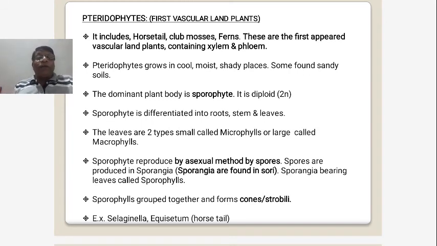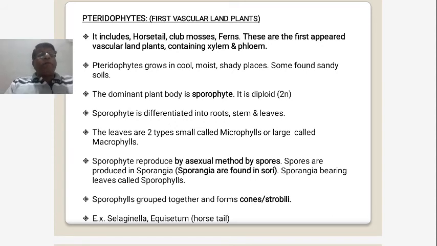In case of Selaginella and Equisetum, Lycopodium, sporophylls group together and form what is known as cones or strobili. Okay, a new word, strobili. Now, example, Selaginella. Equisetum is commonly known as horsetail.